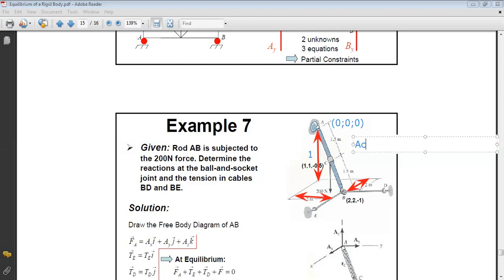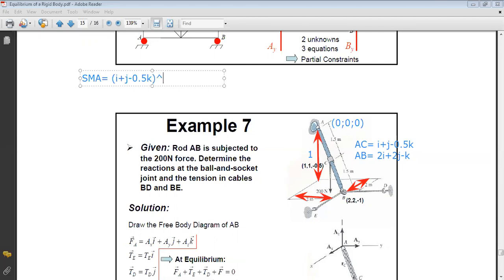Since A is the origin, vector AC is equal to I plus J minus 0.5 K. For the AB vector, I also just consider the coordinates of B since A is the origin, so it's 2I plus 2J minus 1 K. Now I am ready to replace into the sum of moments about A. If I go back to my relation, I have first AC vectorial weight, and I replace AC by its value, which is I plus J minus 0.5 K.